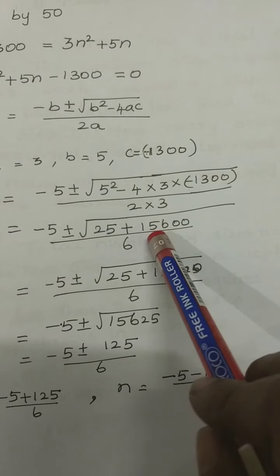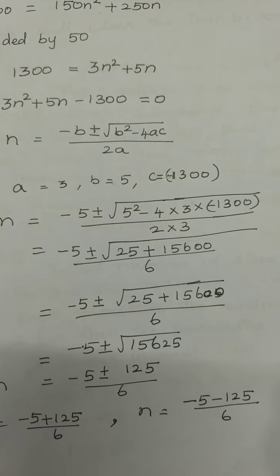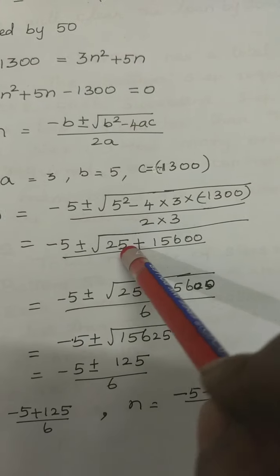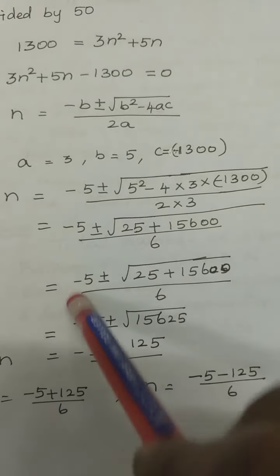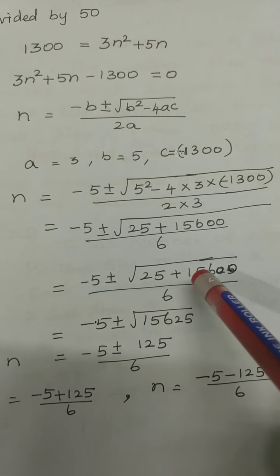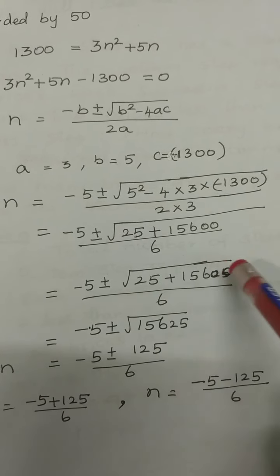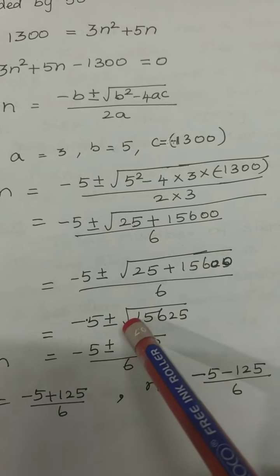We have substituted 12 here, and minus into minus will come plus. So −5 ± √(25 + 15,600), divided by 6.